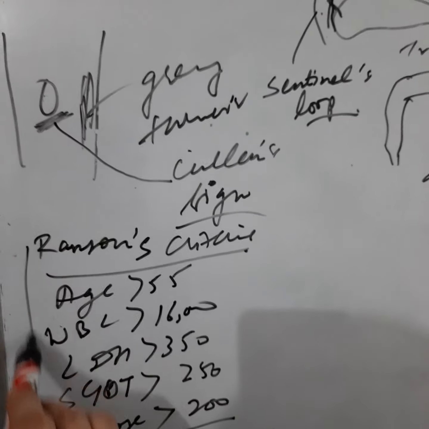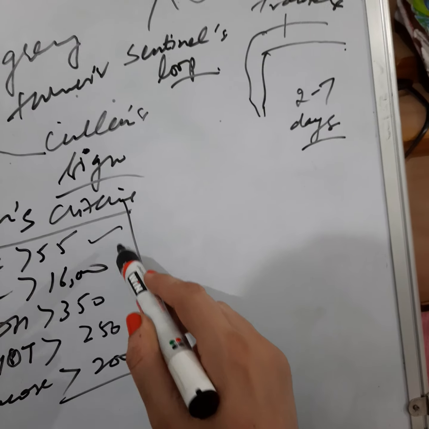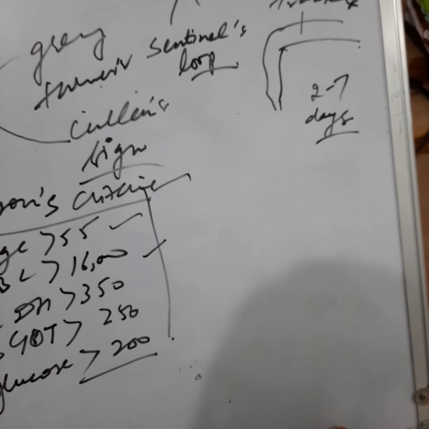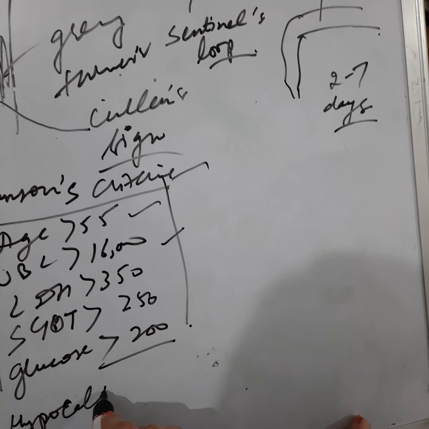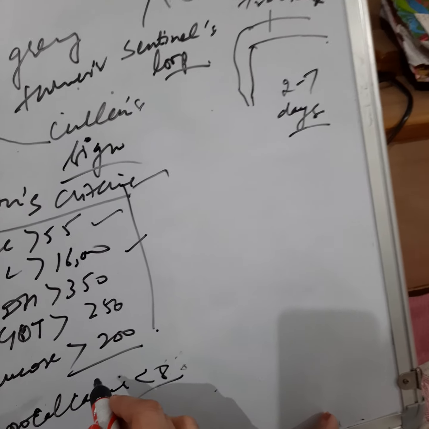So this is very important, and the question is asked whether these values belong to Ranson's criteria or not, or there is hypocalcemia which is less than 8.